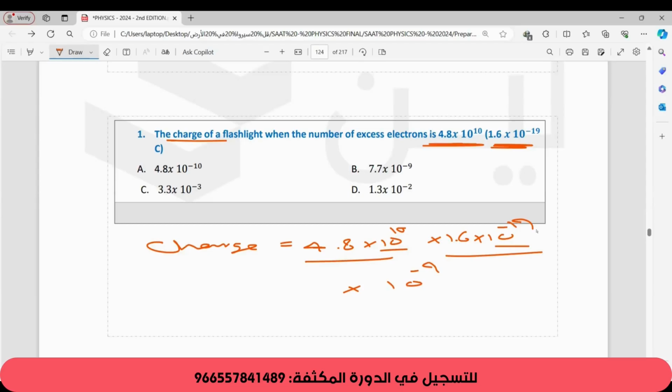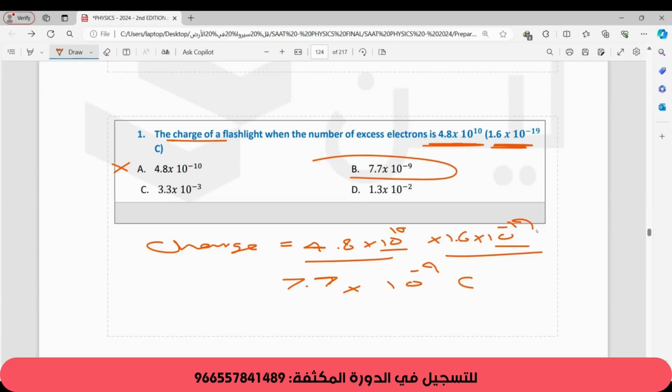And 4.8 times 1.6, if you multiply it, will be 7 point something, 7.7. And the charge has to be in coulombs, if the unit is required. So the answer is, let's go here, it is not A, it is B.